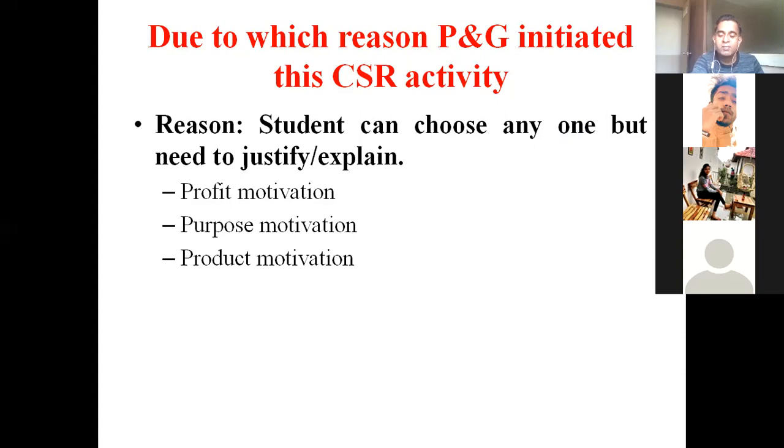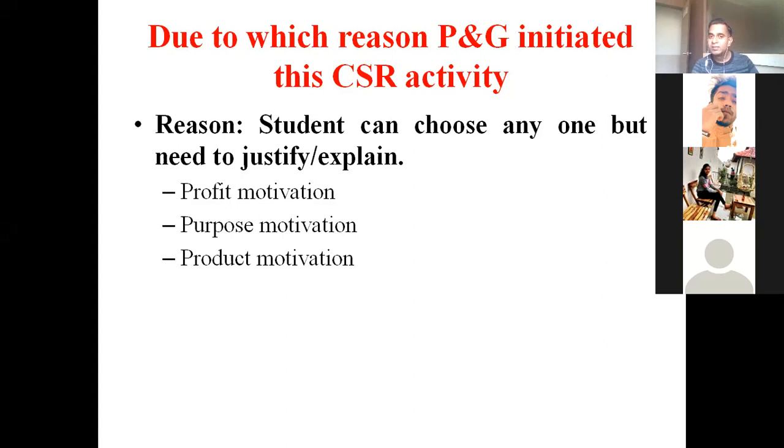Say if you pick, for example, product motivation as the reason for P&G initiating the CSR activity. First, you explain what is the meaning of product motivation. Then how you can say that Procter & Gamble has initiated the CSR activity due to product motivation. Because the product has the capability to clean the oil on the birds without harming the birds.